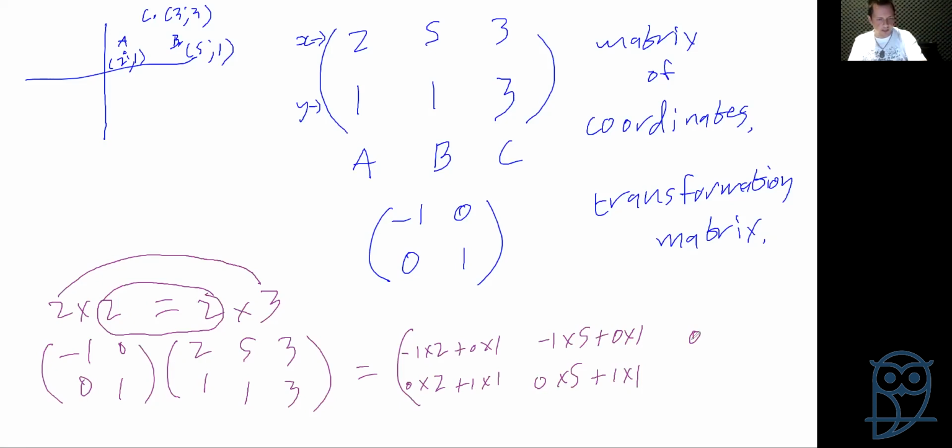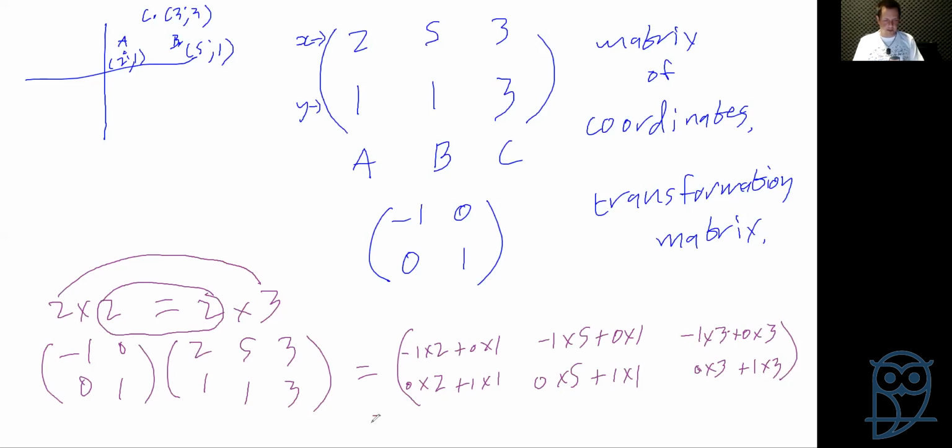I'm looking at the wrong row. -1 times 3 and 0 times 3. And then we have 0 times 3 and 1 times 3.